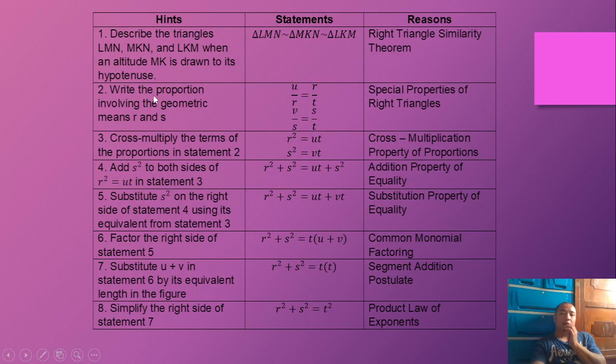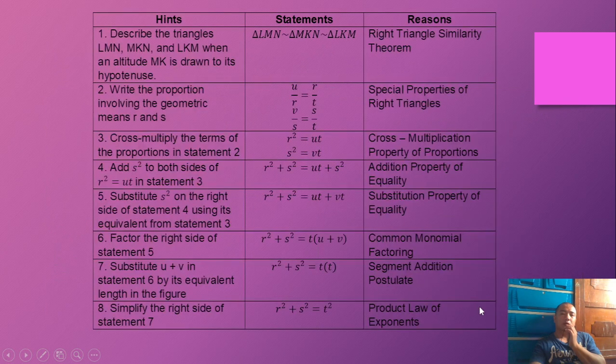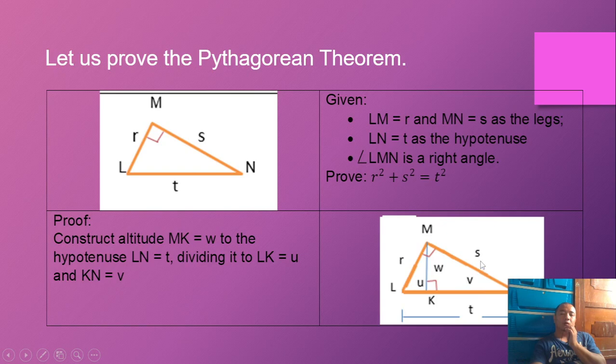Now let's write the proportion involving the geometric means r and s. u over r is equal to r over t. v over s is equal to s over t. These are what we call special properties of right triangles.